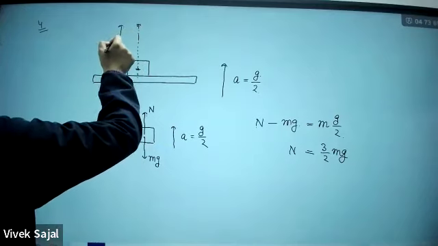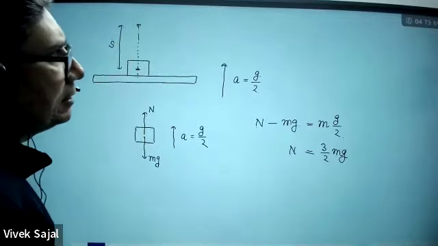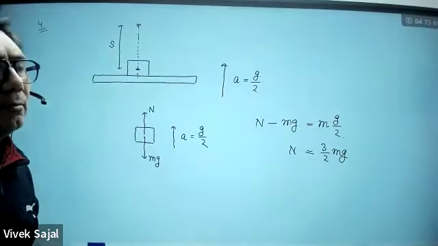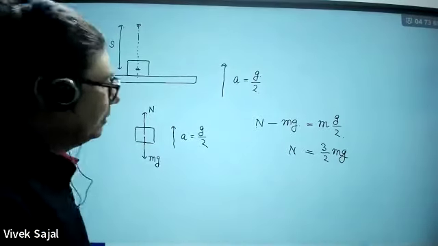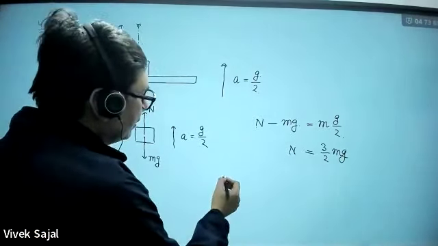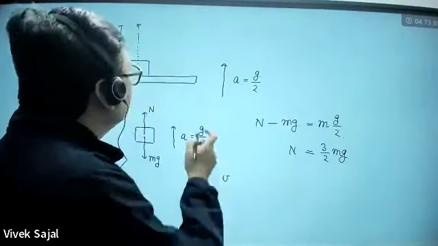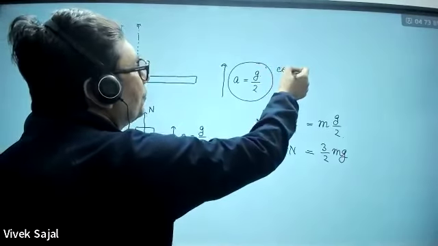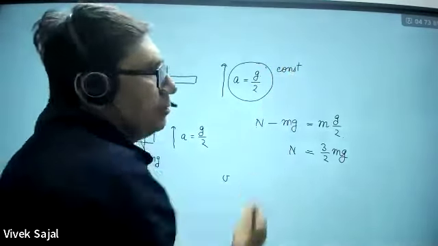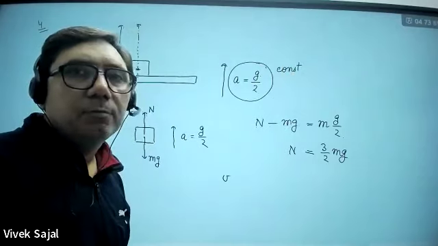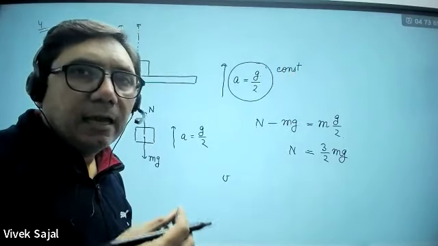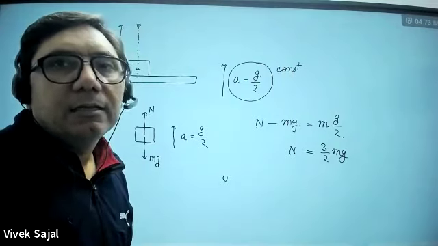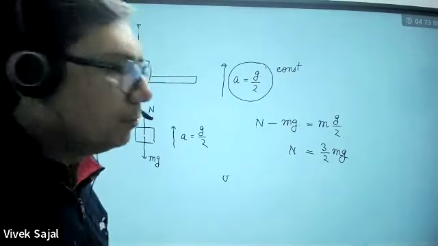This is s distance. So how much distance this s will be in time t? In time t, what will be the distance traveled by this? Suppose the acceleration is constant. Remember this, this acceleration is constant. So that's why I can use three equations: v equal to u plus at, s equal to ut plus 1 by 2 at square, or v square equal to u square plus 2as.